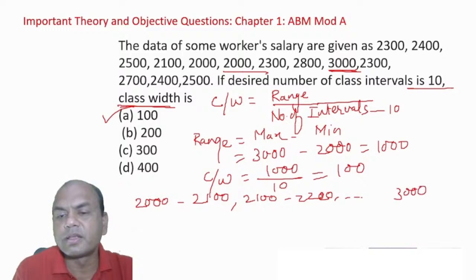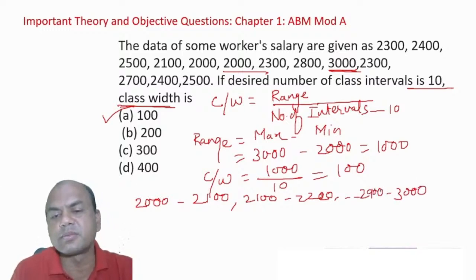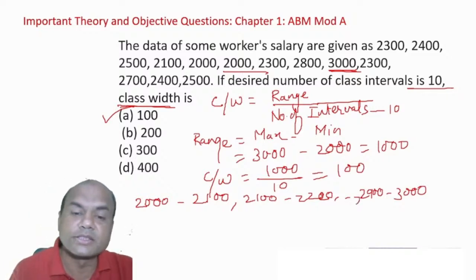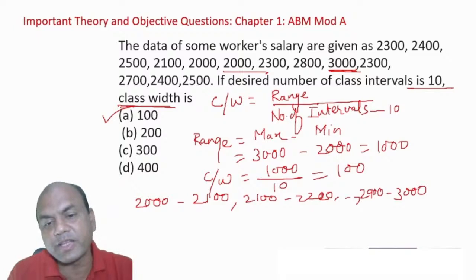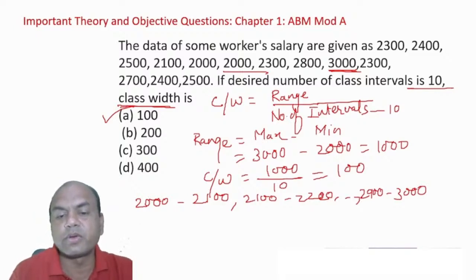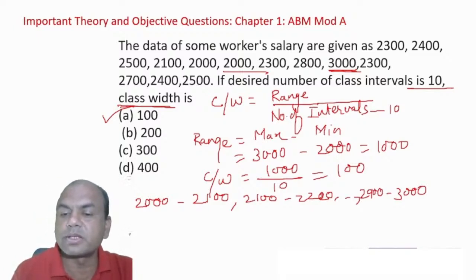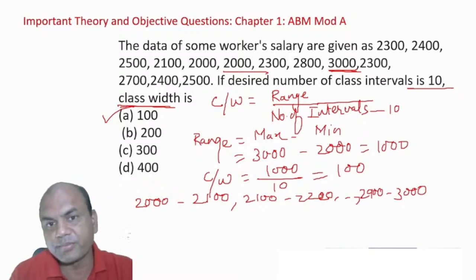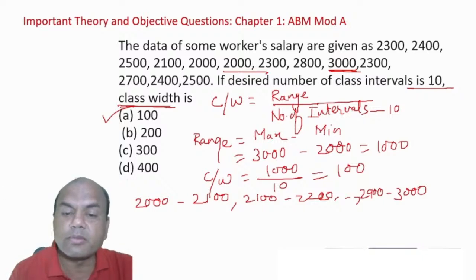The last class will be 2900 to 3000. So this is the meaning of width. Now check the difference between each one: 2200 minus 2100, 3000 minus 2900, 2100 minus 2000. Width will always remain the same.